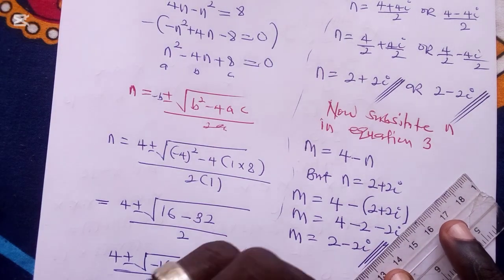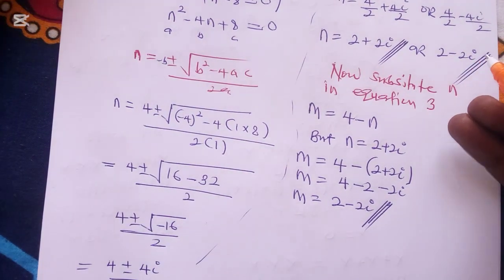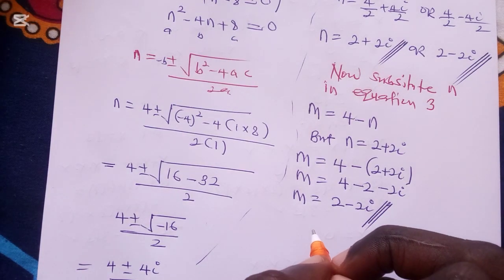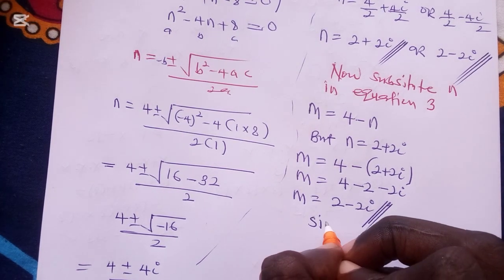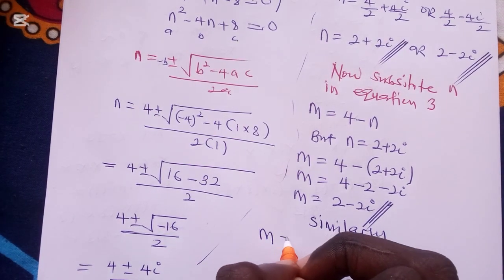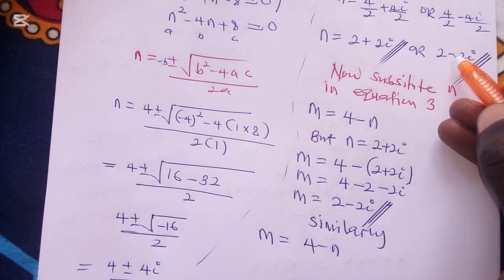Now similarly, we can use the other one also to find the value of m. We say m is equal to 4 minus n, but n is given as 2 minus 2i.